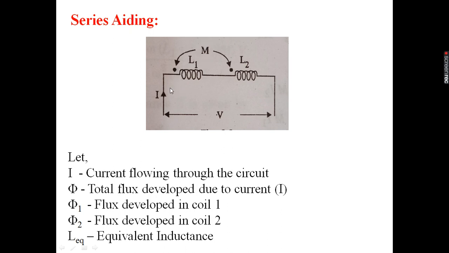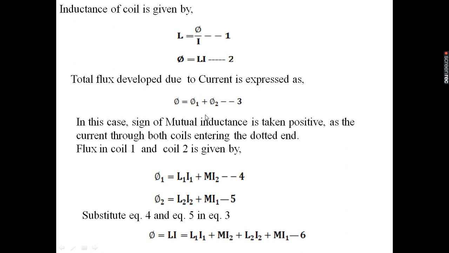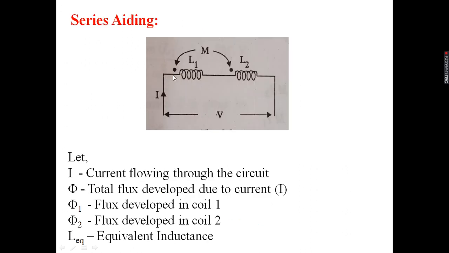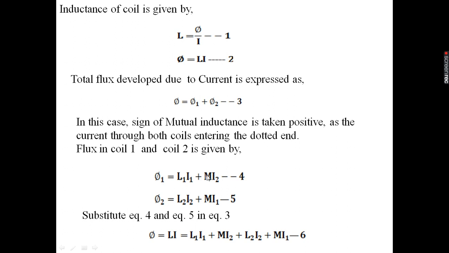Either current enters the dotted end in both coils or leaves the dotted end in both coils, we assume M as positive. Here I enters coil 1 through the dotted end, and in coil 2 also the current enters the dotted end, so we assume M as positive.